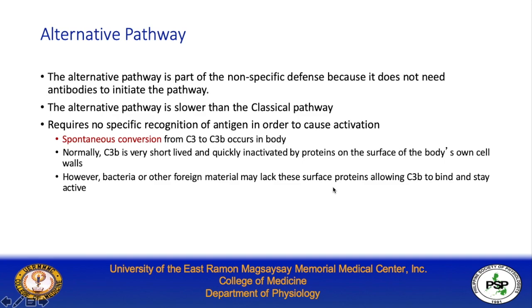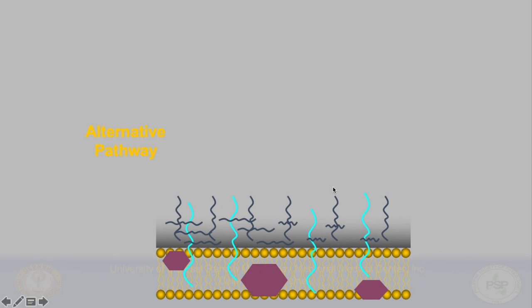So in other words, C3b stays attached to the membrane of this bacterial cell. So this is an illustration of the alternative pathway. So there's a spontaneous hydrolysis of C3, and in the presence of a bacterial cell, C3b tightly binds to the membrane. We also have a C3a formed here.